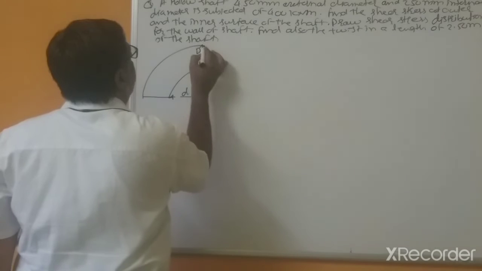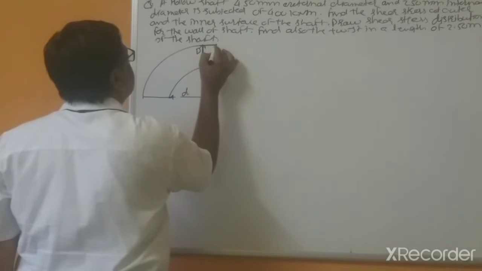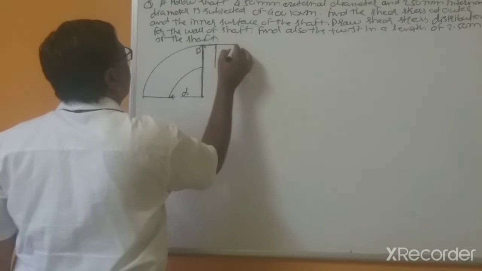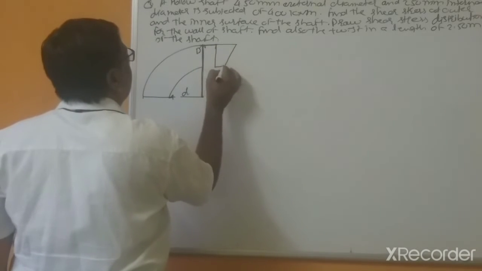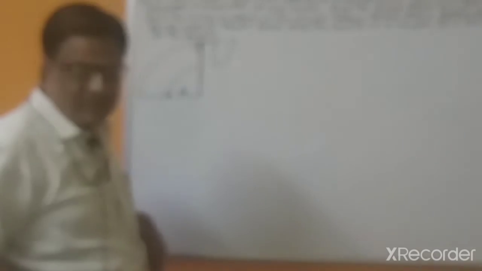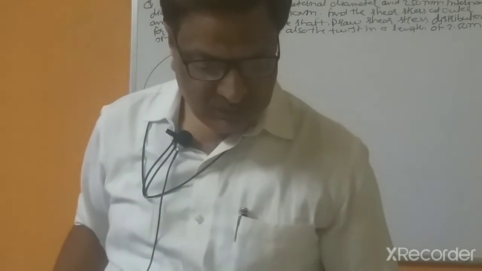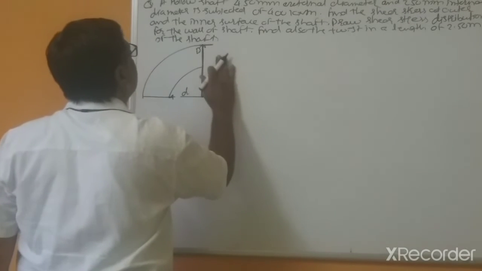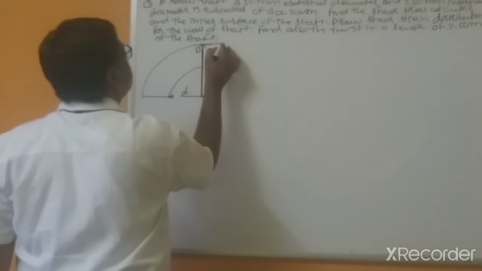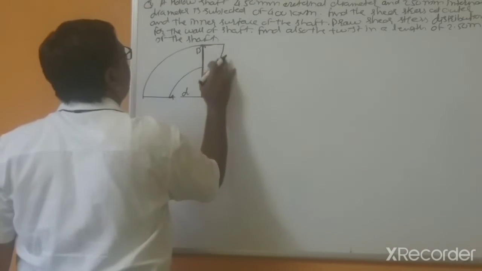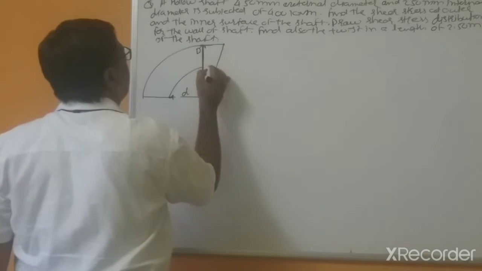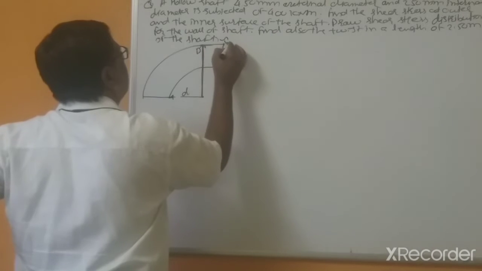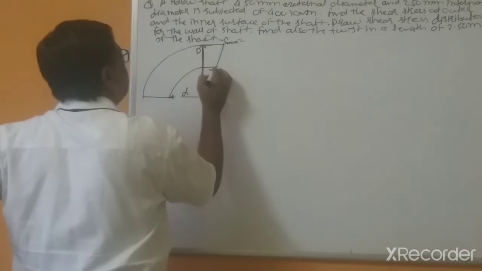And distributions of the shear stress, so this is tau max and this is tau.